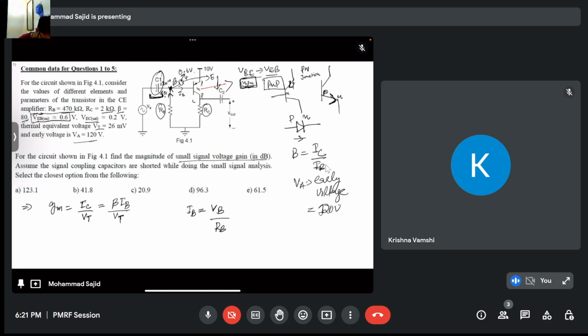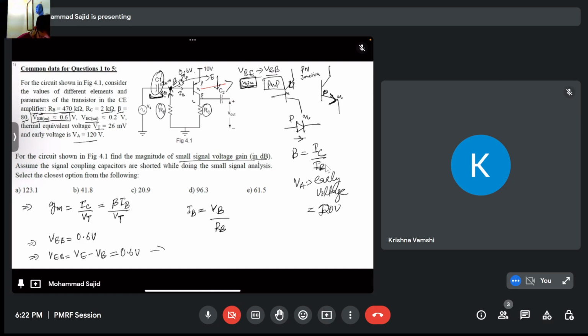Now, if you again look at the circuit and the given data, we have VEB equal to 0.6 volt, right? From the potential difference definition, VEB can be written as VE minus VB, and this is equal to 0.6 volt. Now we have to find VB.